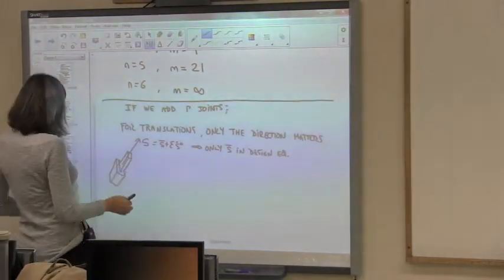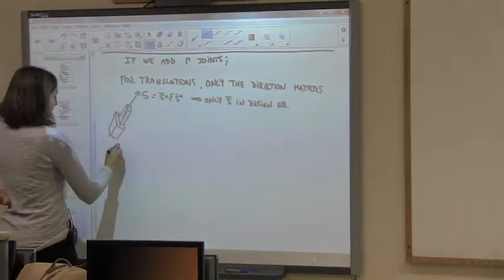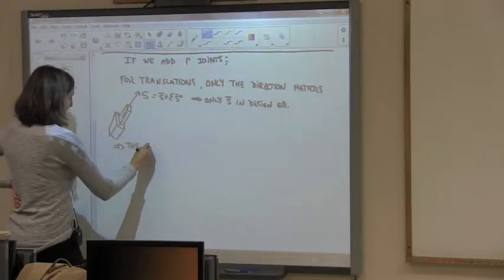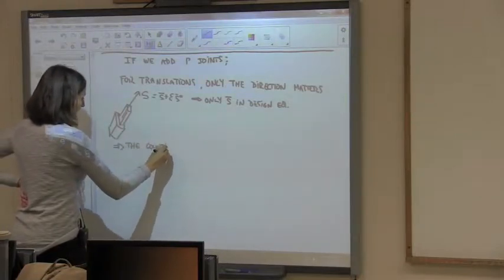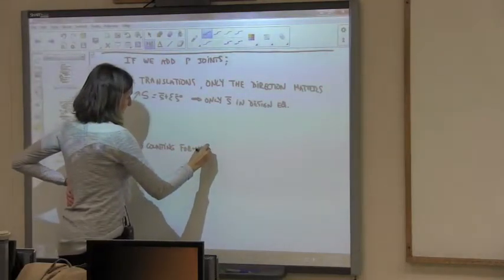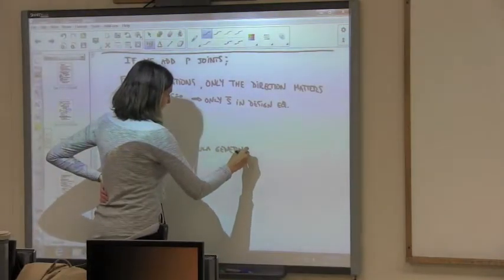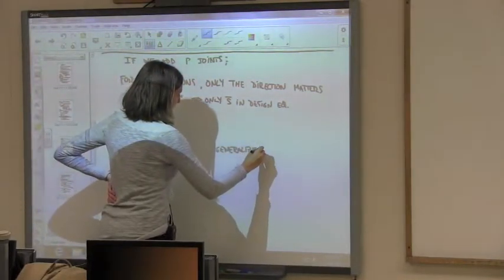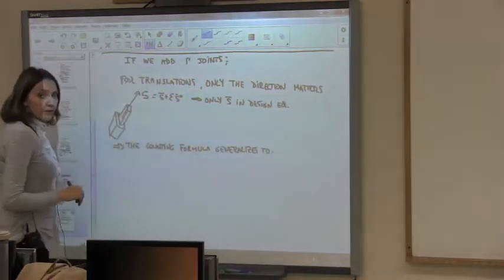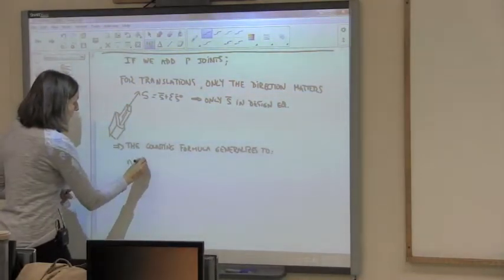So we need to make our formula more general. The counting formula generalizes to, now we have a robot with n joints, right? N jointed robot.